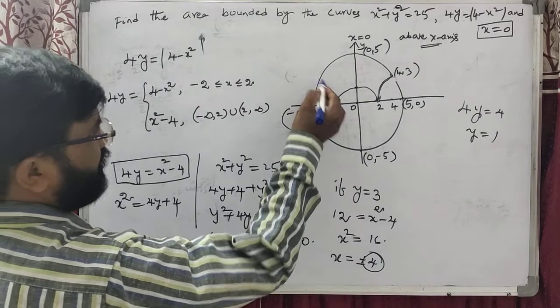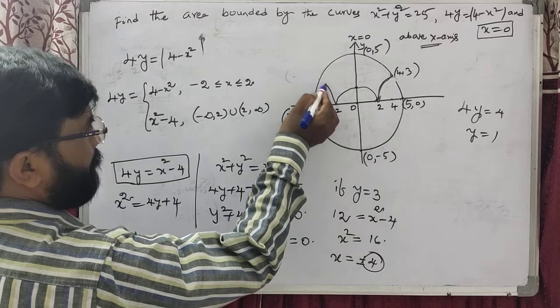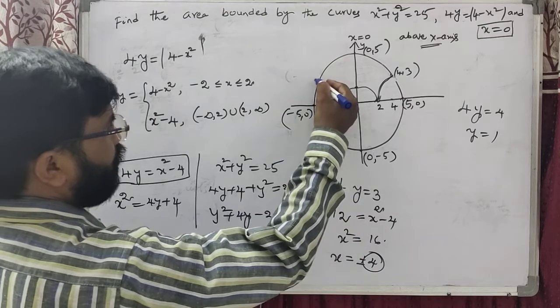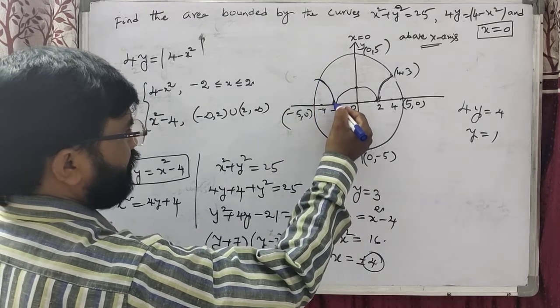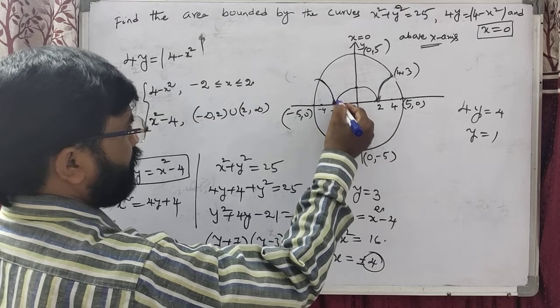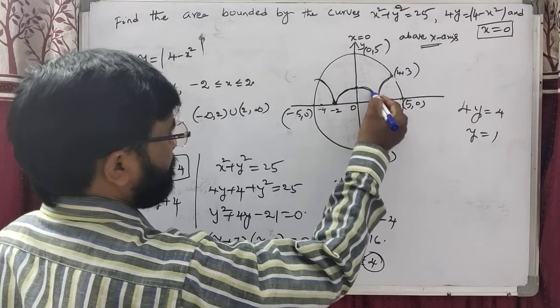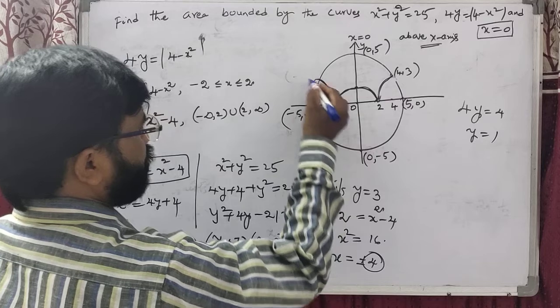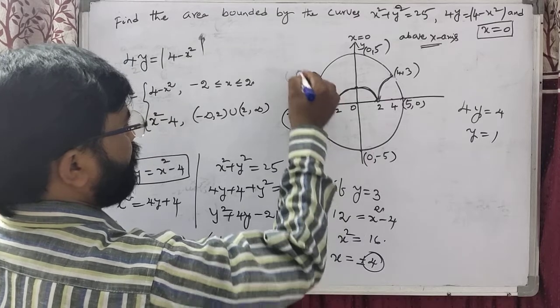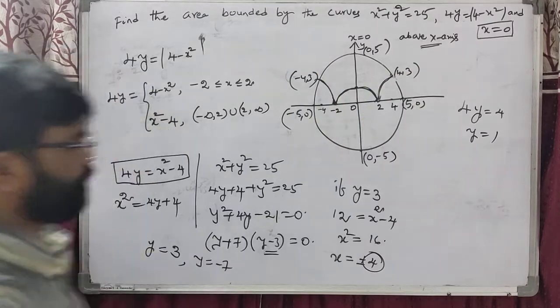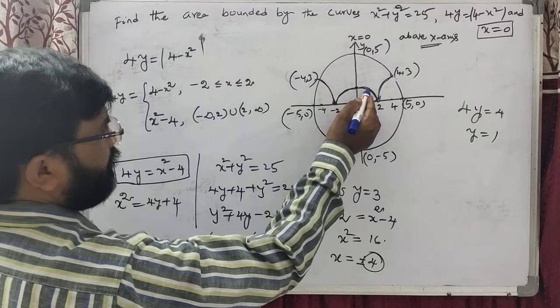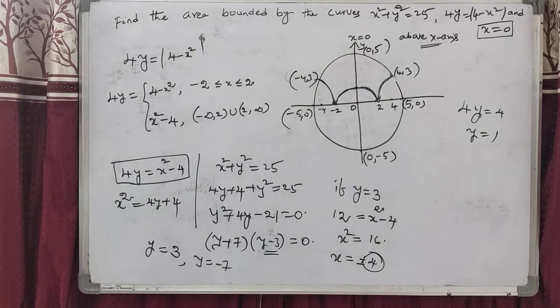Minus 4 gives 3 and plus 4 gives 3. Okay, students?